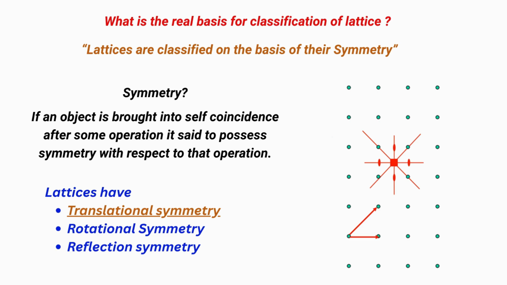So any lattice must have translation symmetry. Apart from that, there may be other symmetry elements like rotations, reflection and inversion, but definitely the translation symmetry should be present.